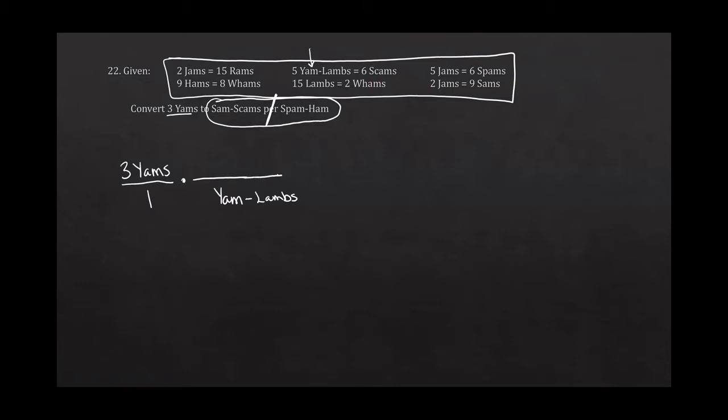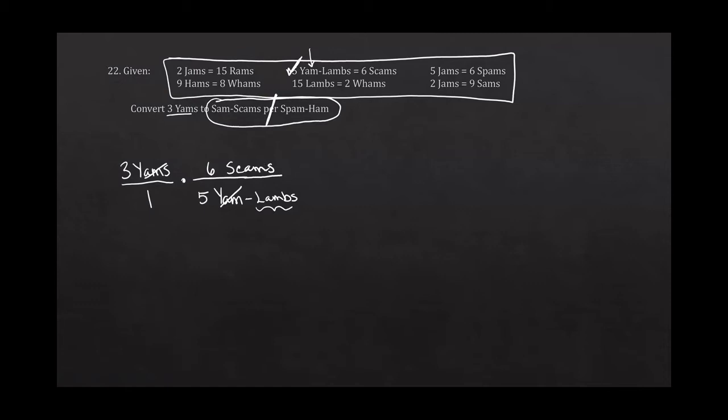But we're going to use this. This says 5 yam lambs is equal to 6 scams. So we're going to put the 5 yam lambs in the bottom and the 6 scams in the top. That allows me to cancel out the yams, but remember the lambs are still there in the bottom. And just like in the previous problem, I want to mark off this conversion so I don't accidentally come back to it.